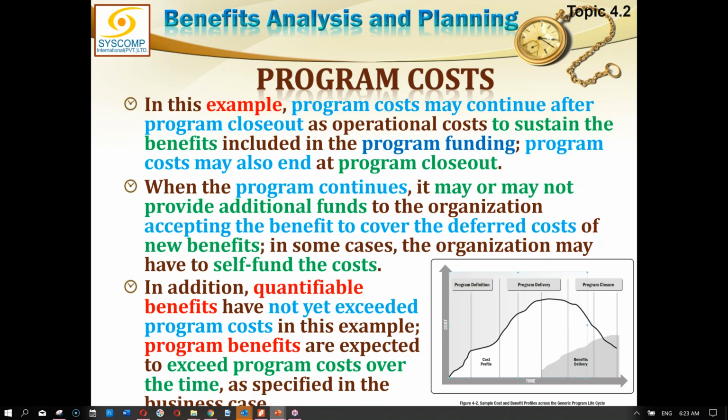But Suhail, the transition has happened somewhere in the middle between delivery and closeout. Yes, transition and sustainment are not really separate from each other. They are happening together.